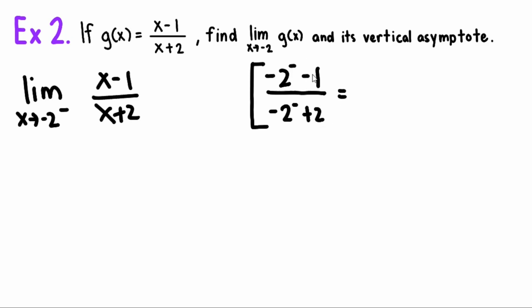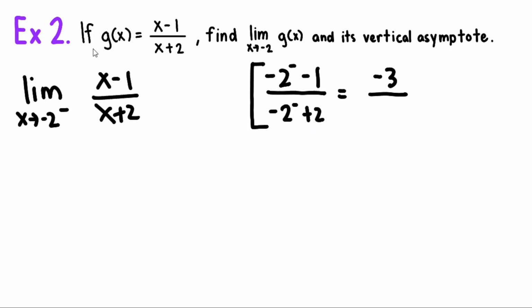For the numerator, this will be equal to negative 3. We won't have any problems there since this is just a fixed value. We only have problems when the denominator is 0.